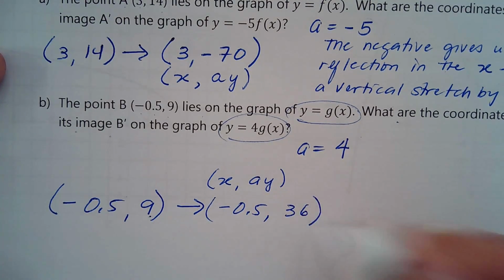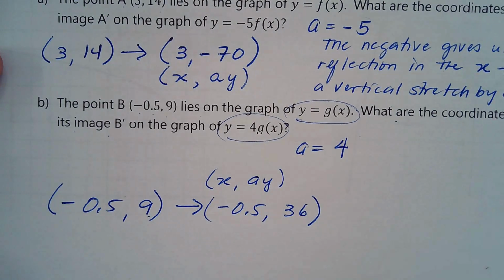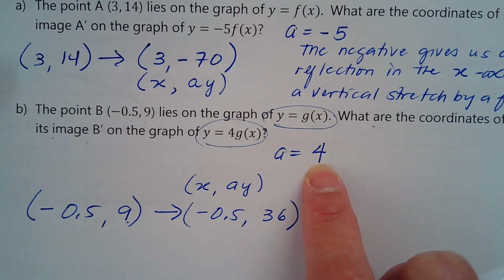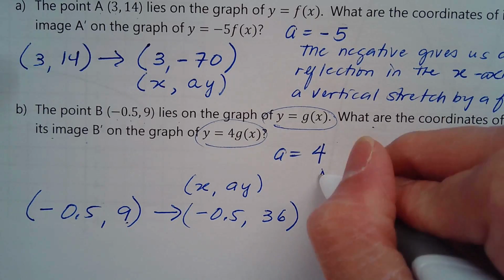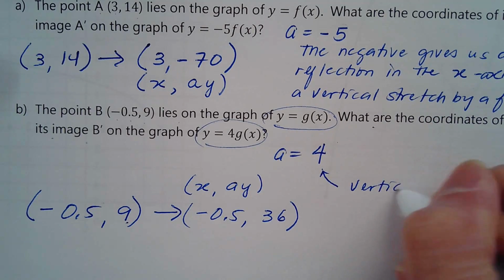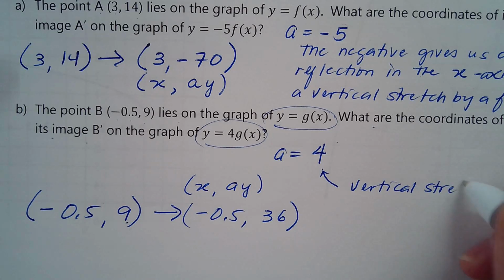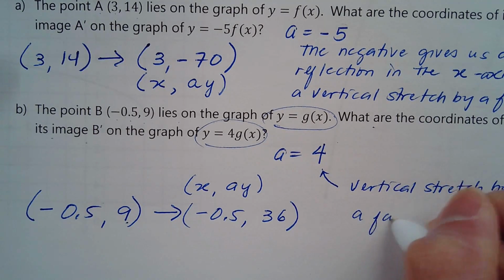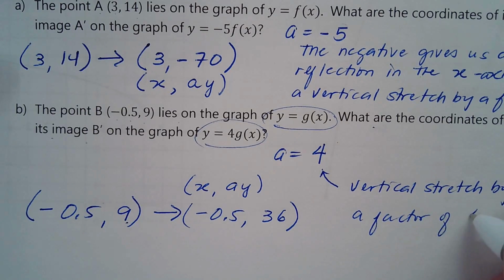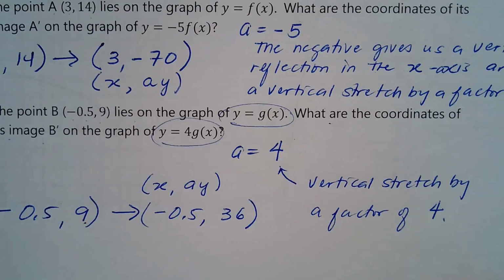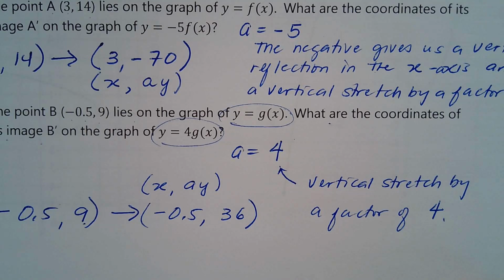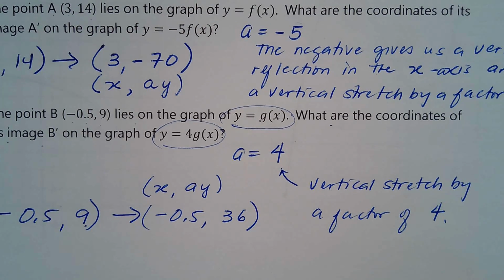Yeah, positive 36. Okay. So this one tells us that there is just a vertical stretch by a factor of 4. So it's 4 times stretchier, 4 times further stretched up.